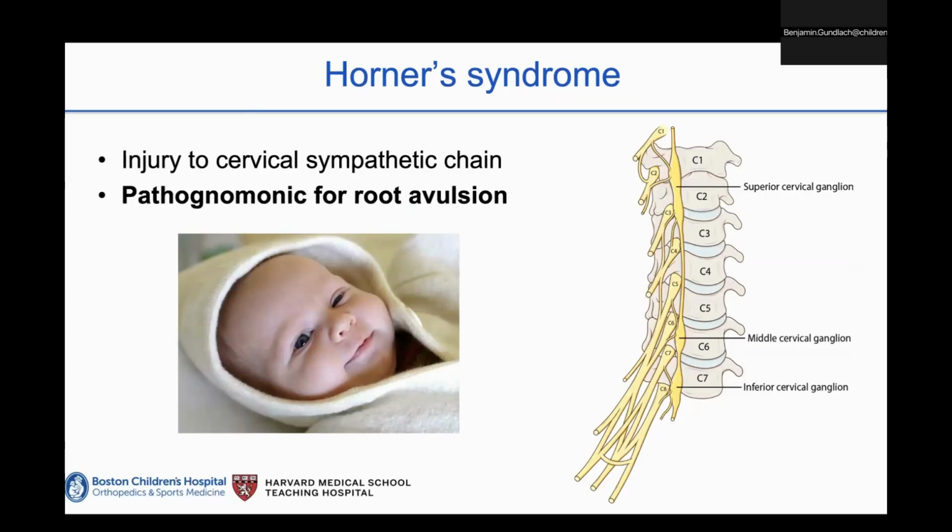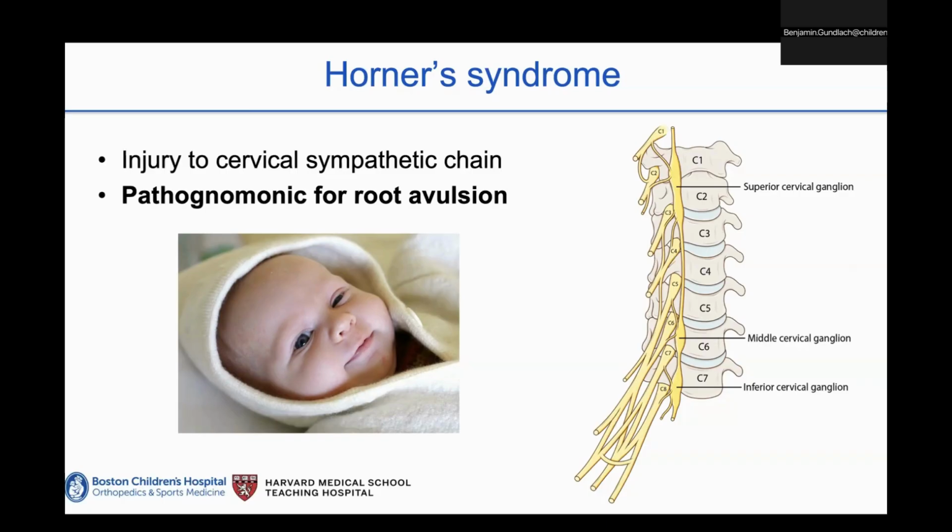Another more specific finding that can be seen in brachial plexus birth injury patients is Horner syndrome. Seen here is an infant with Horner syndrome, as can be seen by the lowering of the eyelid. And Horner syndrome is due to a co-occurrence or injury of the cervical sympathetic chain.